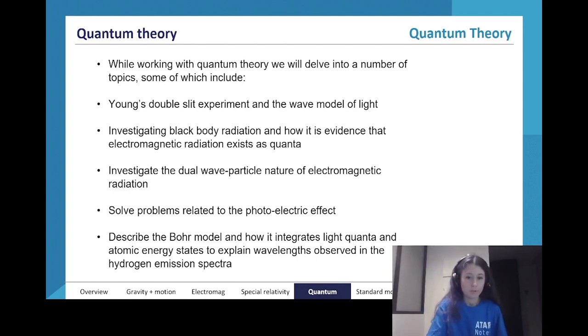When we're working with quantum theory, we get into a number of different topics, which firstly involve Young's double slit experiment. You may have heard of that already as general knowledge, and the wave model of light.